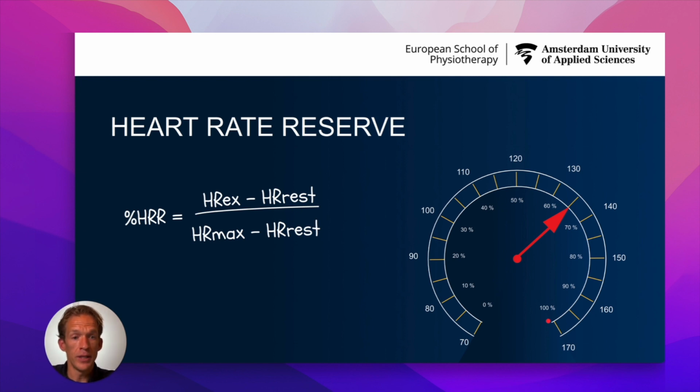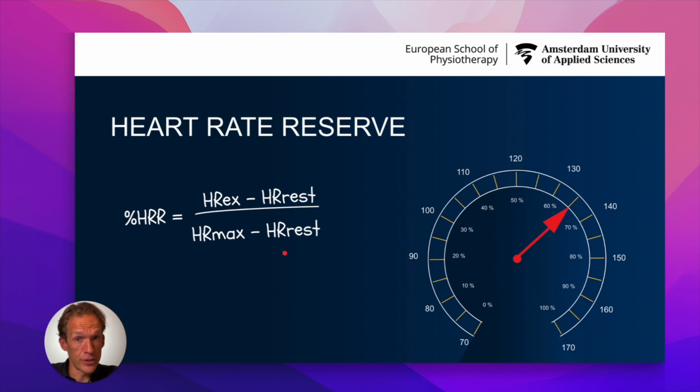For example, if a person has a resting heart rate of 70, then his scale will be different from a person that has a resting heart rate of 50. So you really want to use the full scale. The formula to use for this would be to take the heart rate of an actual exercise, subtract the resting heart rate, and then divide that number by the entire range, heart rate max minus rest.